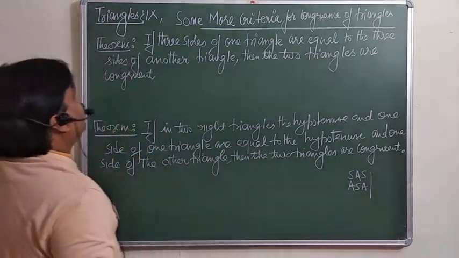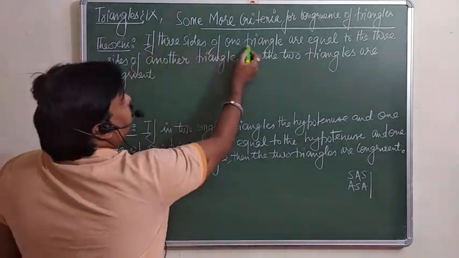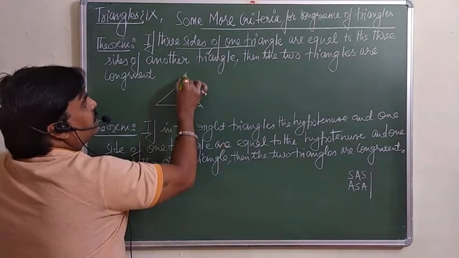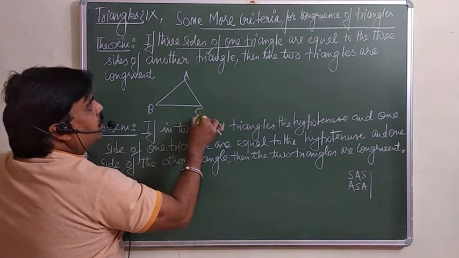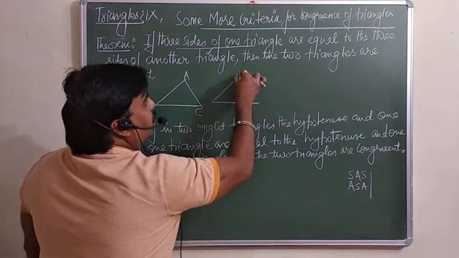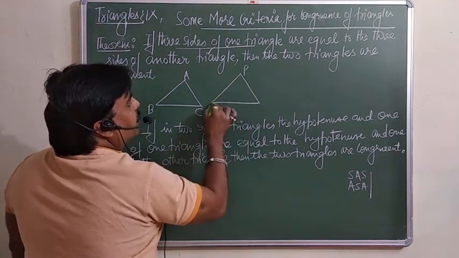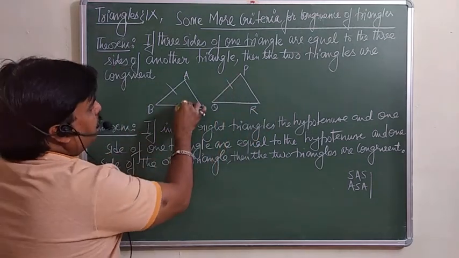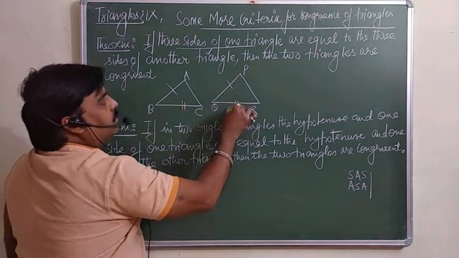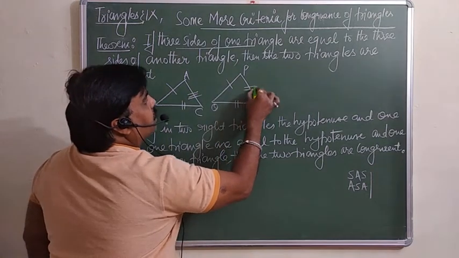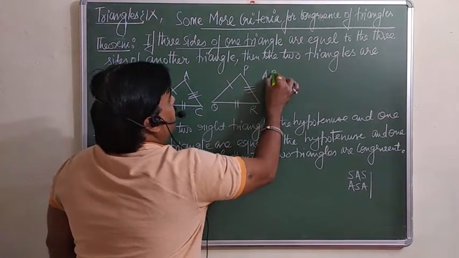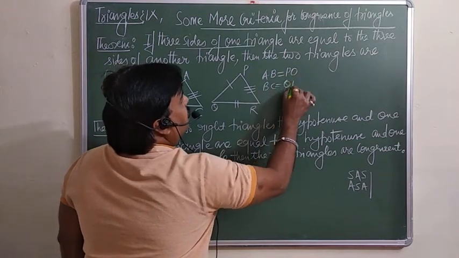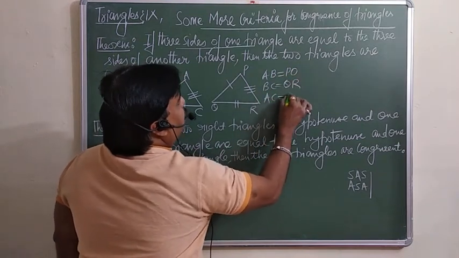Now here is one more property. Let us suppose there is a triangle ABC, and the sides of this triangle ABC are all equal to the sides of triangle PQR. That means AB is equal to PQ, BC is equal to QR, and AC is equal to PR.